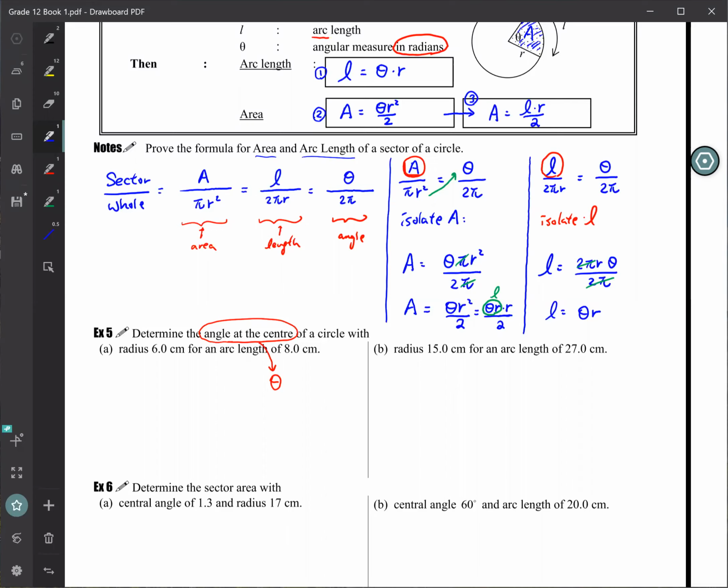First, you look at the three formulas, which one has theta, right? And then after that, you look at what's given. We have radius, we have length. So which one is the one? Please raise your hand if you get the answer.